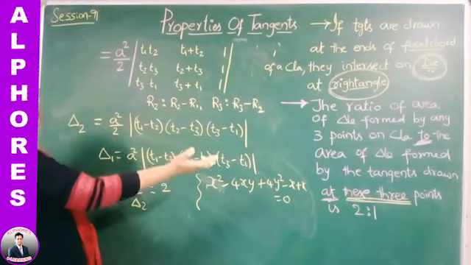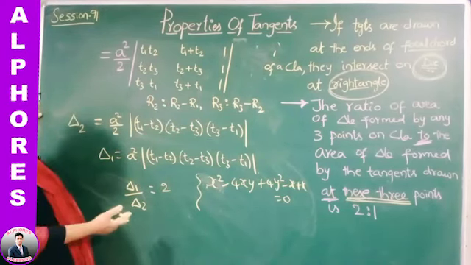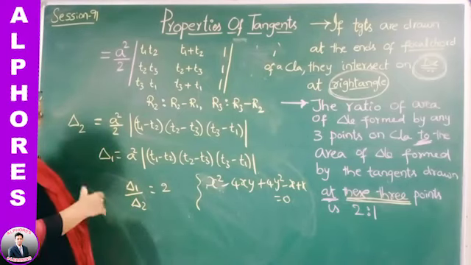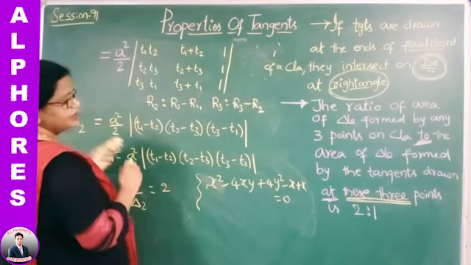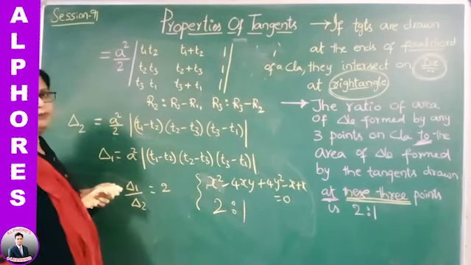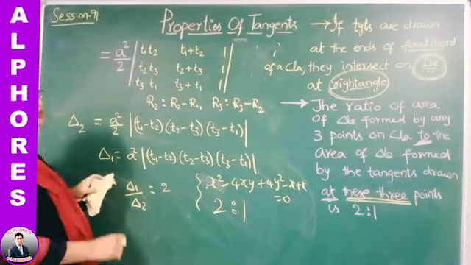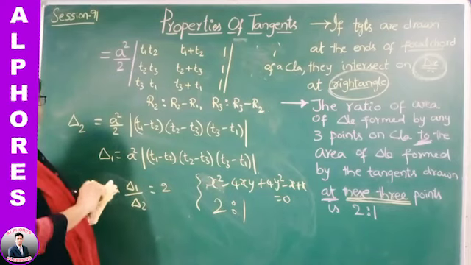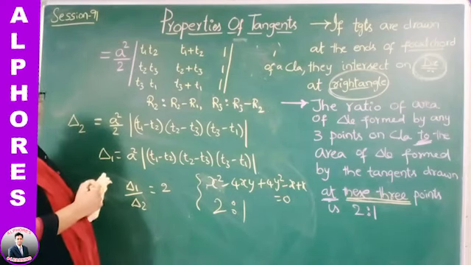Then you don't necessarily have to go for the points etc.; just make use of the concept. Simply the answer is 2:1, okay. So for any kind of parabola, students, you can make use of this concept. One is formed by points of contact, the other time the area is with tangents, okay.